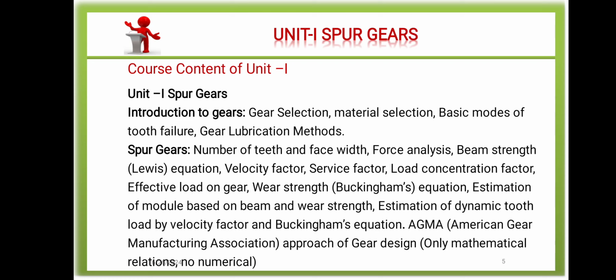Then material selection should be based on different parameters, that is availability, cost, its functionality, whether it is suitable or compatible with the available manufacturing processes or not. So these are the different parameters which will be important for the selection of the material.